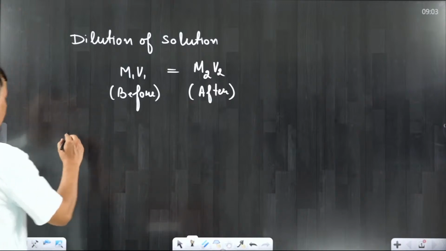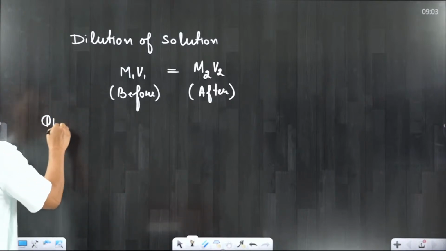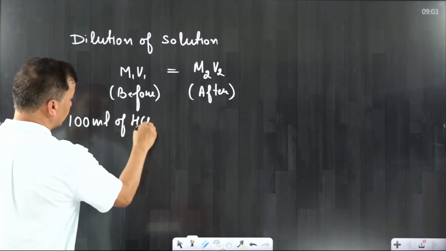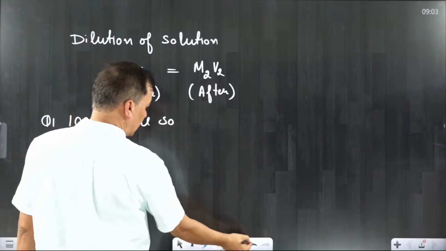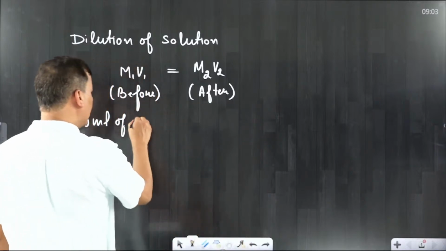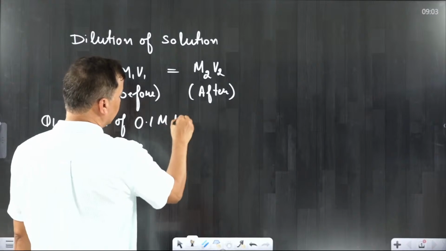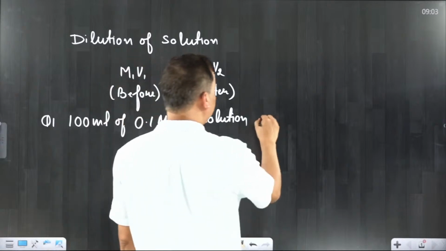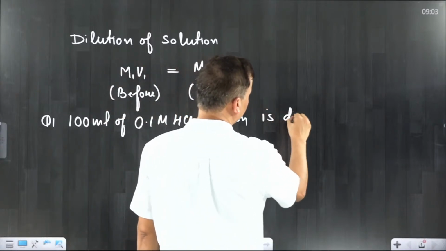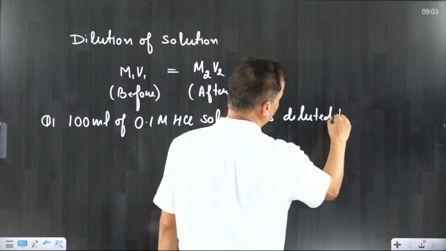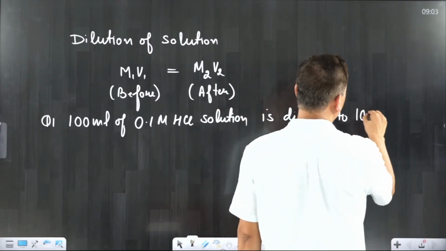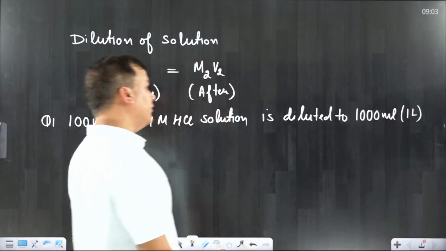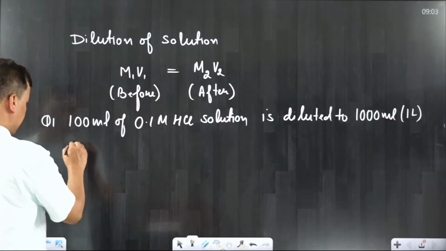I am taking one example here. For example, if we have 100 ml of 0.1 molar HCl solution, and this HCl solution is diluted to 1000 ml, which means 1 liter, what will be the molarity of the new solution?